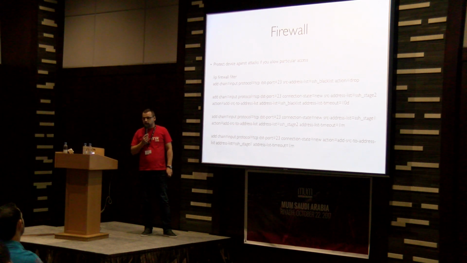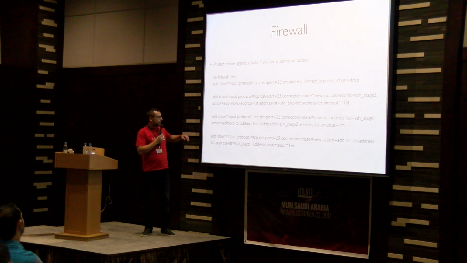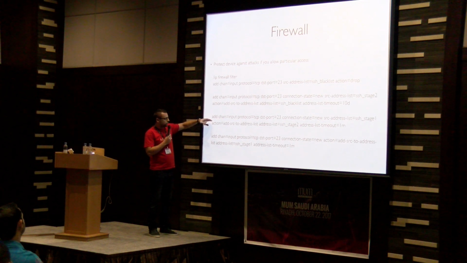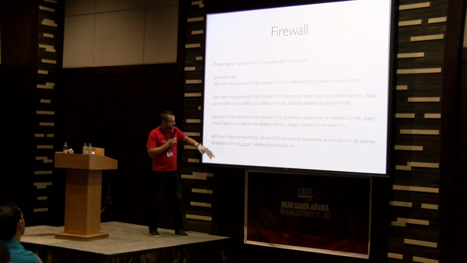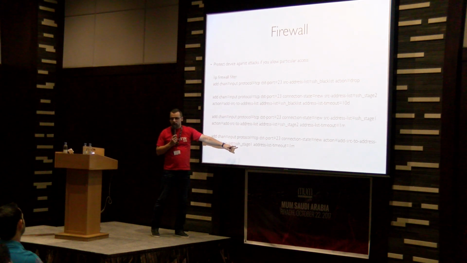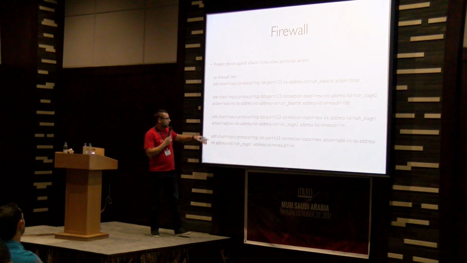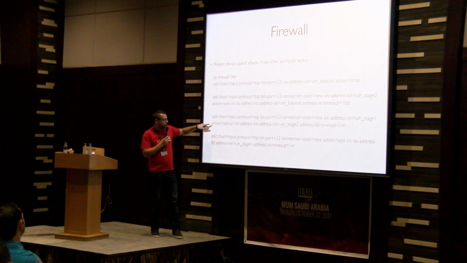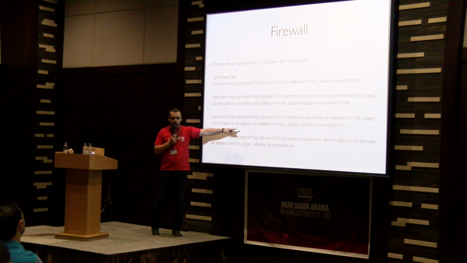Now, that guy who is attacking my device tries to connect a second time within this 1 minute. He will get to this rule. I see I already added his IP address to address list stage 1. His IP address is already in the list stage 1, so I need to add his IP address to list stage 2.